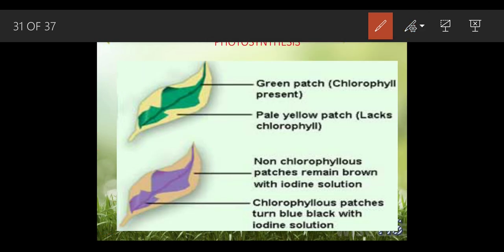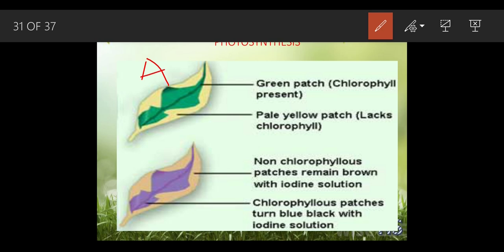Now what we are going to do, see, there is a presence of chlorophyll. See this green patch. If there is a green color, definitely chlorophyll is present. If there is no chlorophyll, definitely it will turn pale yellow, right? Okay, this is the start of the experiment. The original color is this only. Now we are going to take this A1 leaf and destarch the leaf.